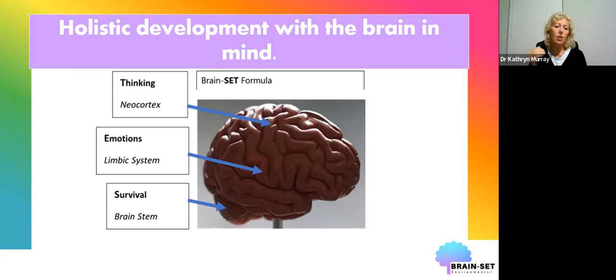So what we need to do is calm the brain, and we can calm the brain by what we do as adults, but also making sure that the environment is set up in a way that calms the brain. My mantra is a calm brain is a thinking brain. And if you remember nothing else from today, please remember that. A calm brain is a thinking brain.